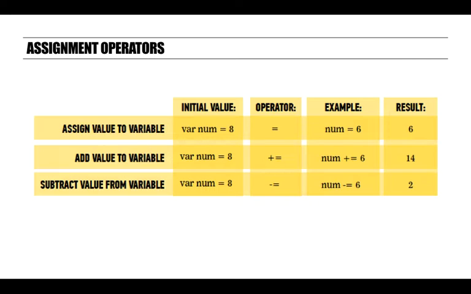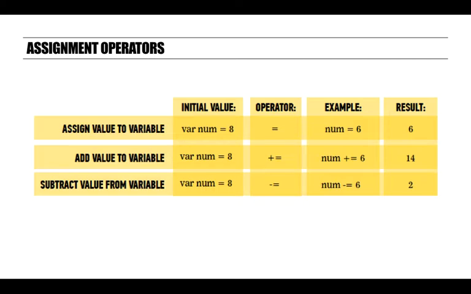Here we're setting it equal to 8 first, and then when we do num plus equals 6, we're adding 6 to this initial value. So we're doing 8 plus 6, 14. So now num is equal to 14.